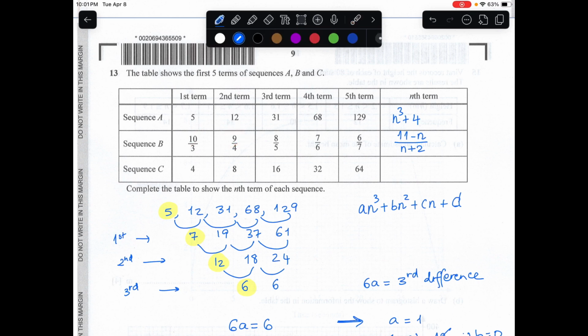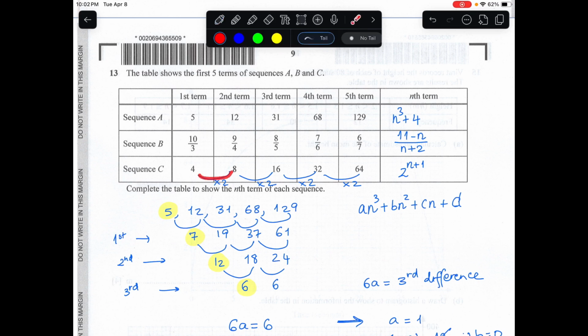It's pretty easy. Over here, what's happening? We can see that all these values are being multiplied by 2. Yeah? So the common ratio is 2. Right? So if the common ratio is 2, this is going to be 2 to the power of, if I do n, it's going to be just 2. When n is equal to 1, I want 4. So let's say n plus 1. Does it work? Let's check.